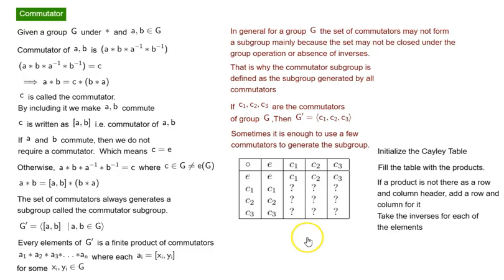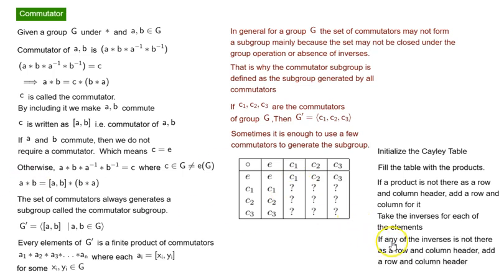Now once we have done that, we take the inverses for each of the elements. Again, some inverses may already be there, and some inverses may be missing. So for missing inverses, again add a row and column header for each of the missing inverses. As you keep doing this, you will reach a stage where this table will be complete and it will form a subgroup. So what are we doing here?